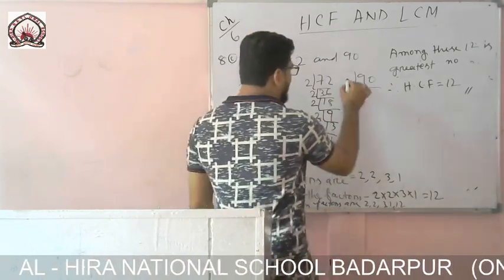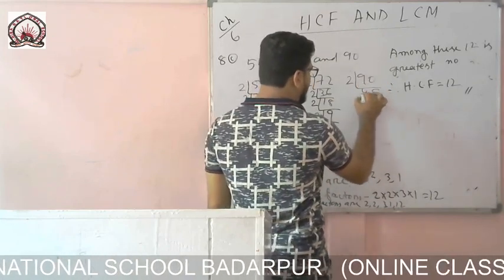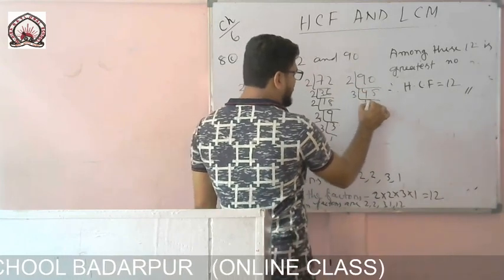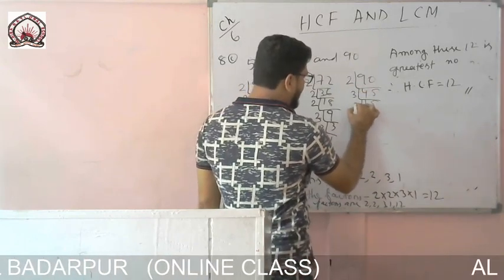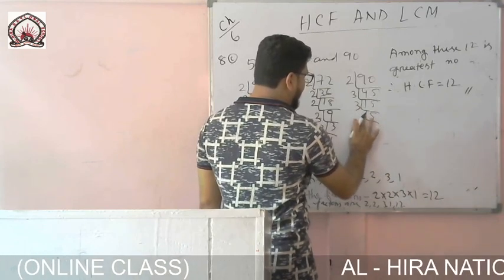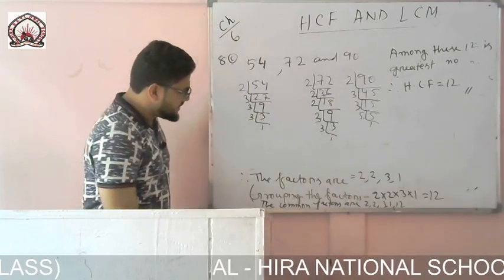Now 90 with 2. 2 4s are 8, remain 10. 2 5s are 10. With 3, 3 1s are 3, remain 1. So 3 5s are 15. With 5, 5 1s are 5. Okay. Now write.